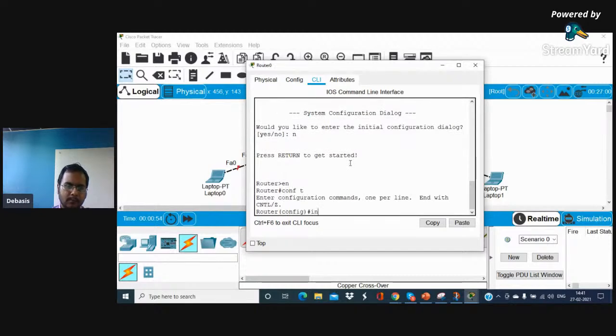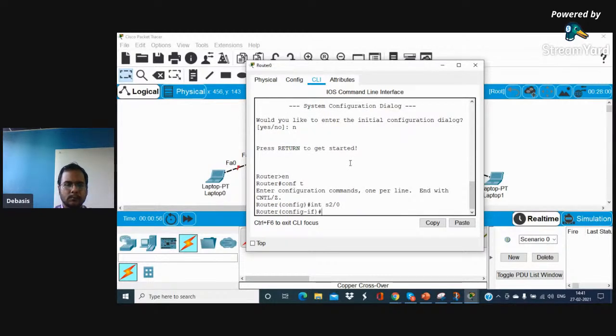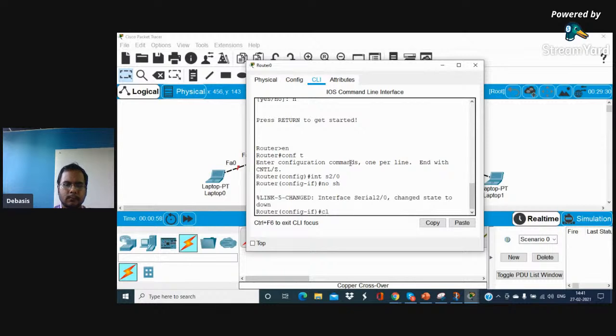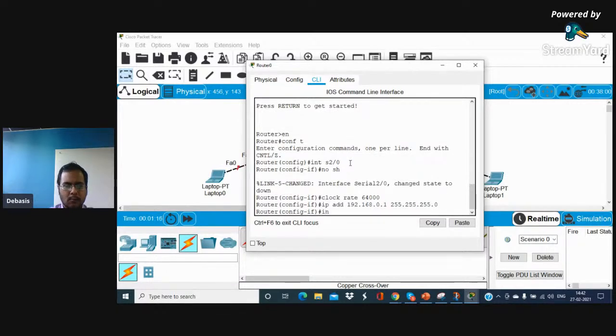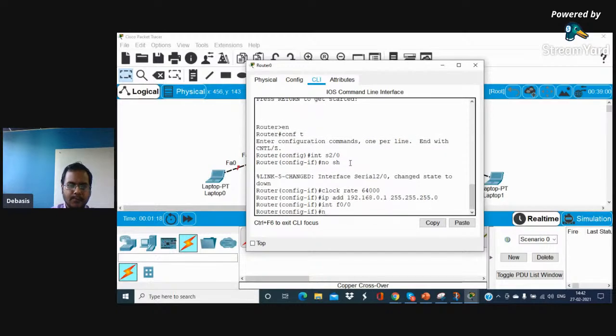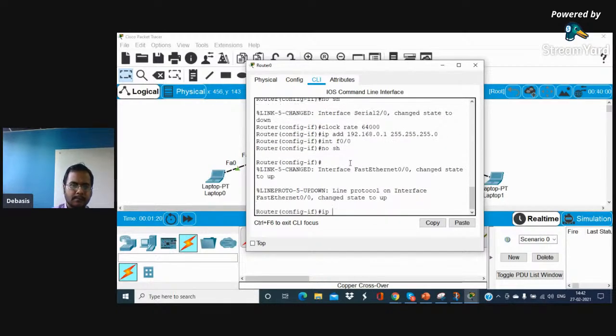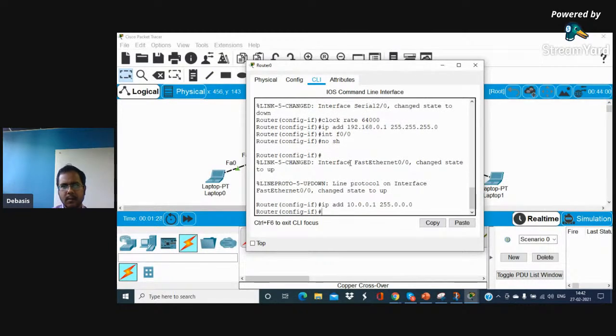Then give the IP address and the clock rate on the DCE side, say 192.168.0.1. For the FastEthernet port, give an IP address, say 10.0.0.1. Always keep the default subnet mask in case of static routing.